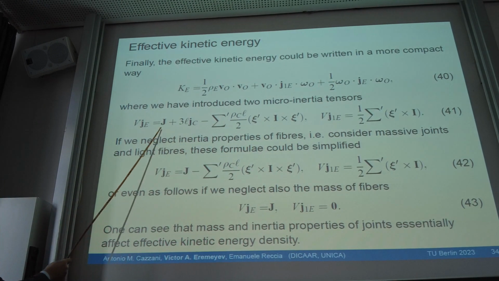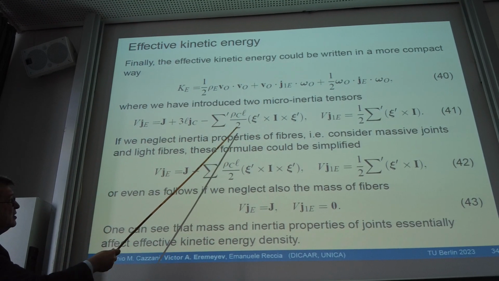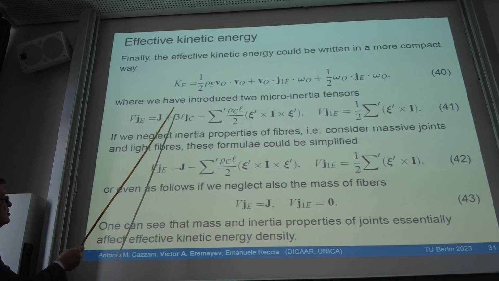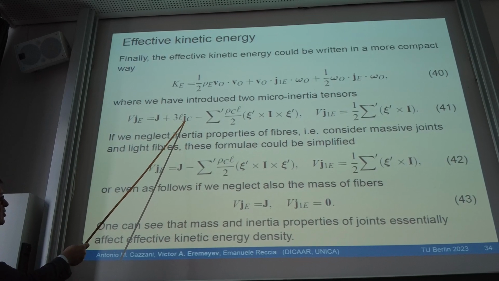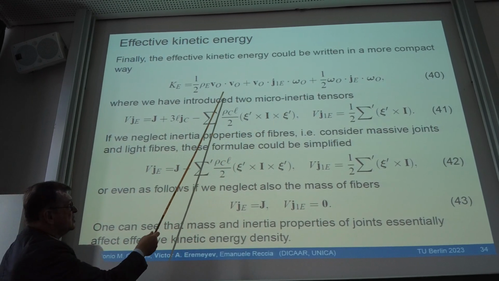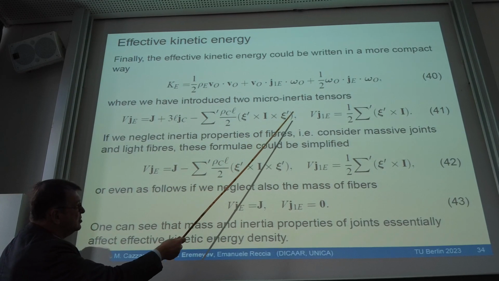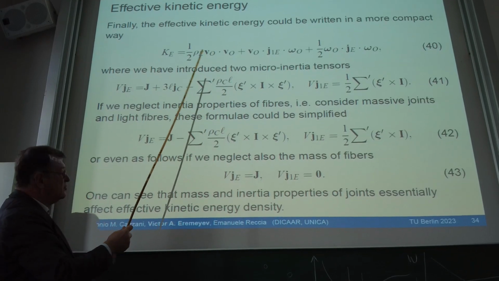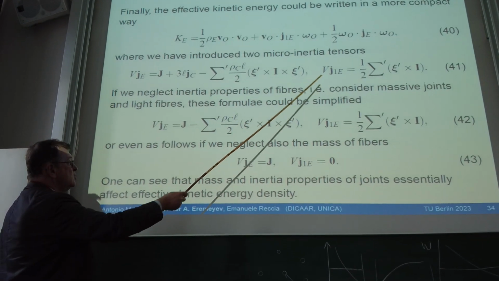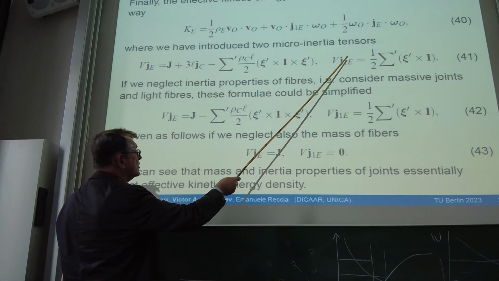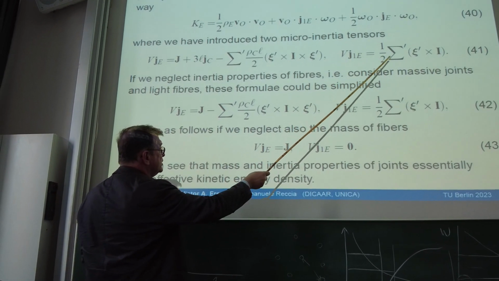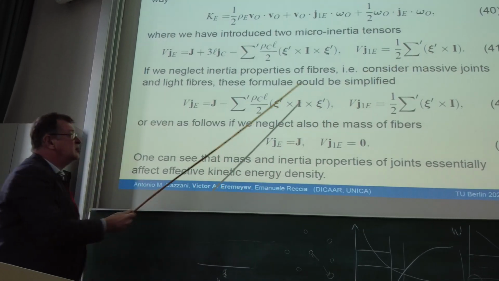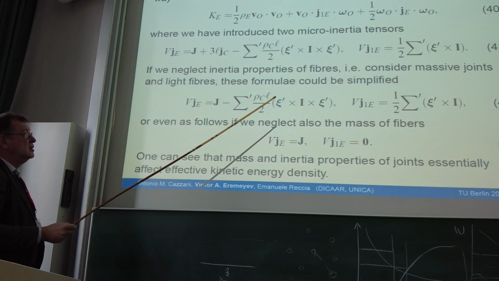These microinertia tensors have a form which inherits the form of the joint microinertia tensor of the curve, and also this part which relates to non-symmetry or symmetry of representation of connections of joints to the fibers. And so we can also calculate this tensor. We see that this tensor is skew-symmetric, because it's obvious that it's skew-symmetric.